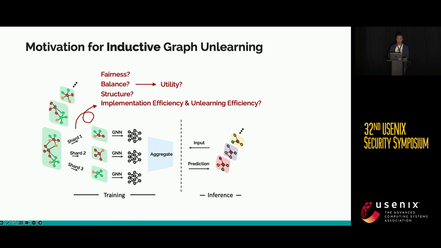So in this setting, fairness is more important than in the transductive setting, which can lead to a more robust learning process. Implementation efficiency is also important because it should be very fast so that it's applicable to dynamic graphs.